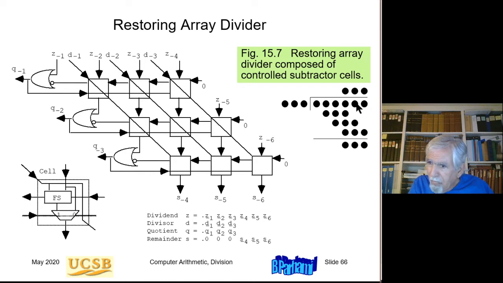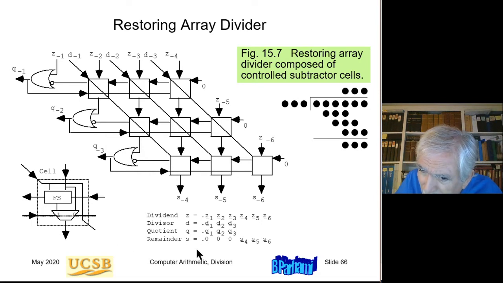This is the zeroth partial remainder, which is an input to the top. So this is basically a fractional z, point z minus 1, z minus 2, up to z minus 6, a 6-bit fractional z, being divided by a 3-bit fractional d, point d minus 1, d minus 2, d minus 3, gives us a 3-bit fractional q, point q minus 1, q minus 2, q minus 3.